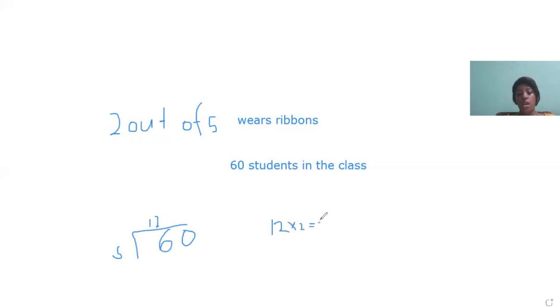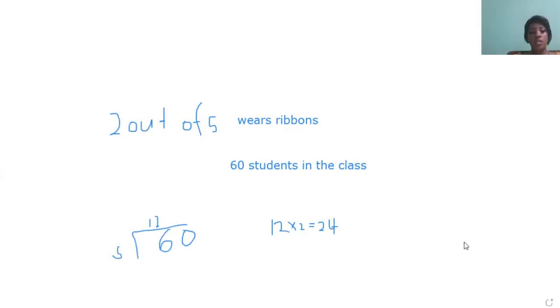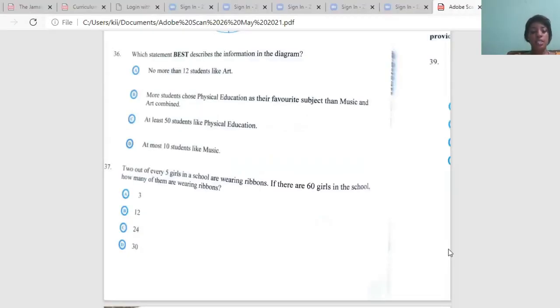So 24 girls are wearing ribbons. Let's go back to the paper. So the answer for number 37 is 24.